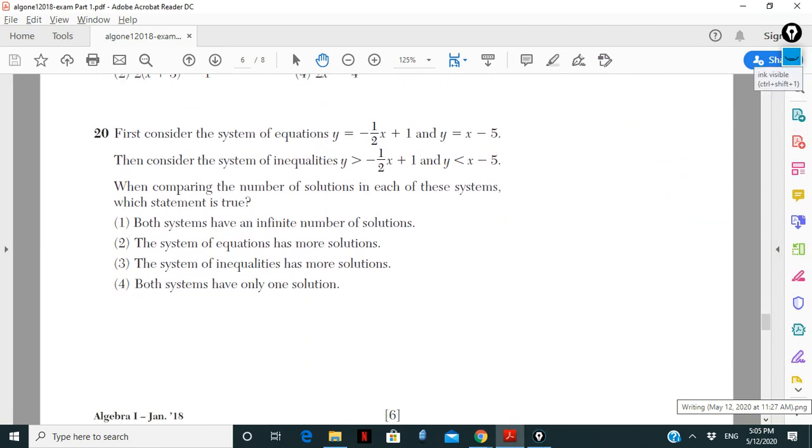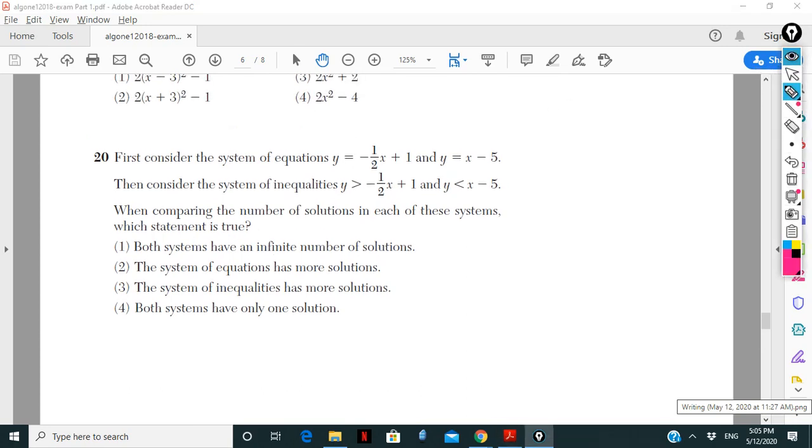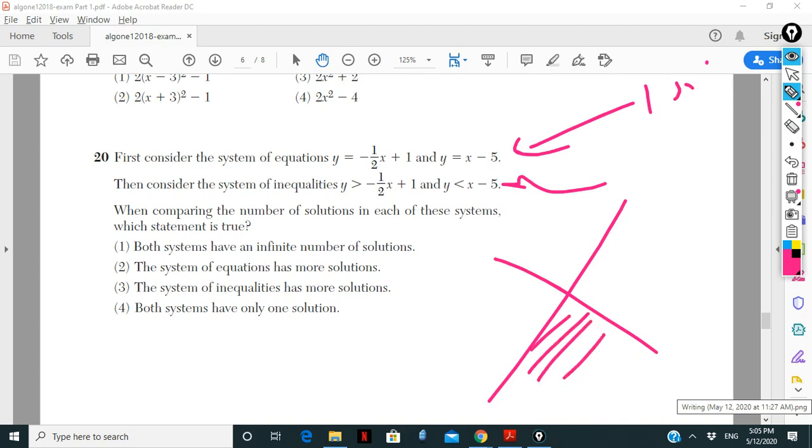First, consider the system of equations y equal to negative half x plus 1 and y equal to x minus 5, and the system of inequalities. Which statement is going to have one solution? Here I need to have multiple solutions, because if you remember, I have a shaded area, or I might have no solution.